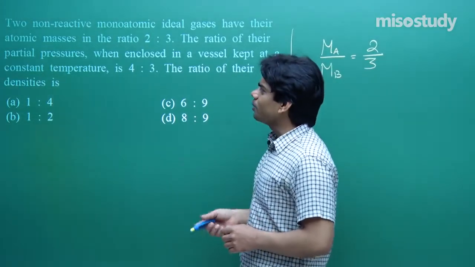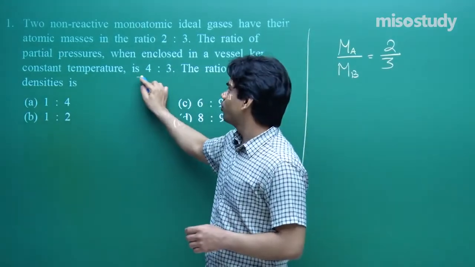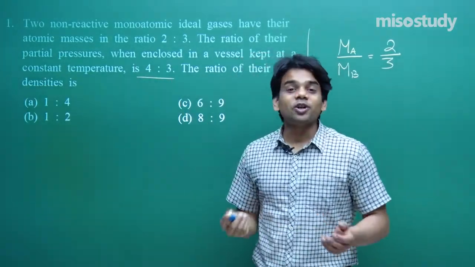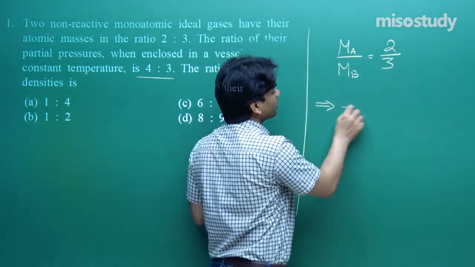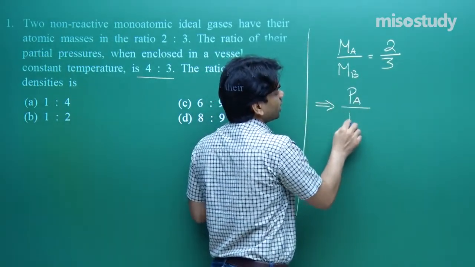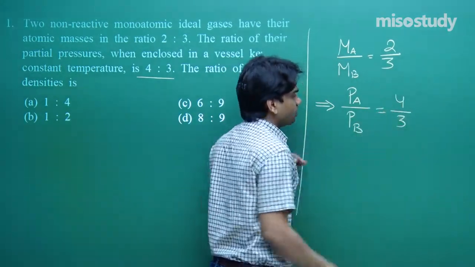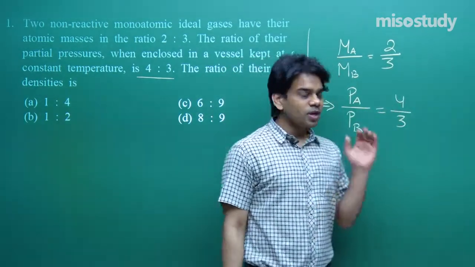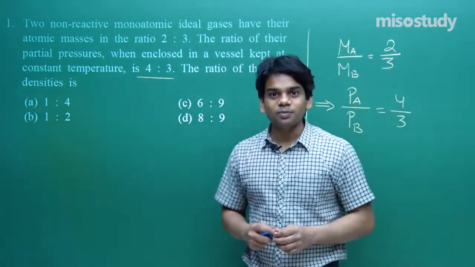The ratio of their partial pressures when enclosed in a vessel kept at a constant temperature is 4:3. So the pressure of A to the pressure of B is 4:3. Here I am using PA and PB for the partial pressures of A and B. So PA by PB is 4:3, that is what has been provided in the question.